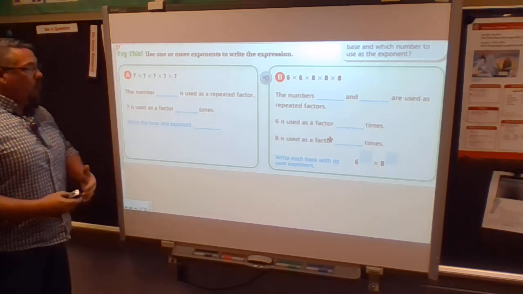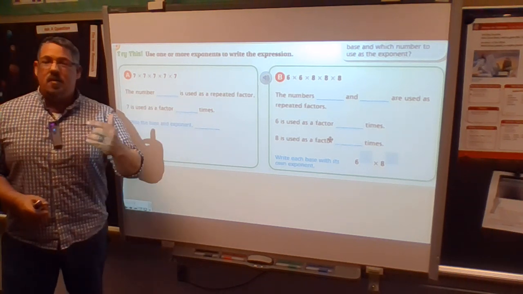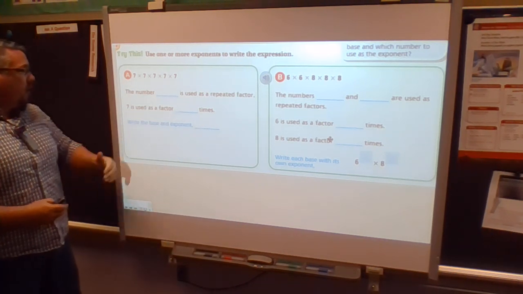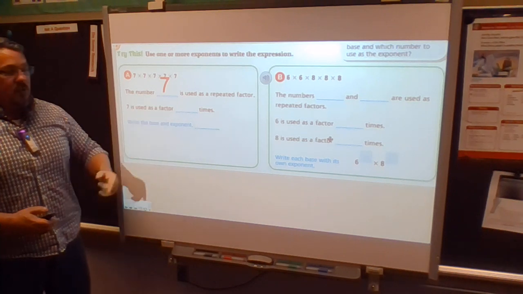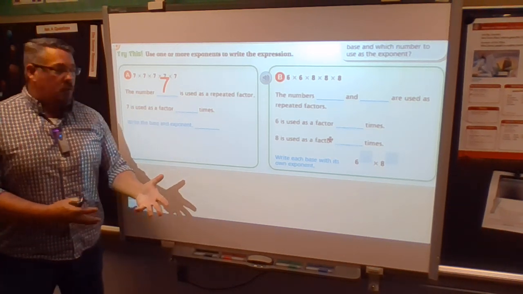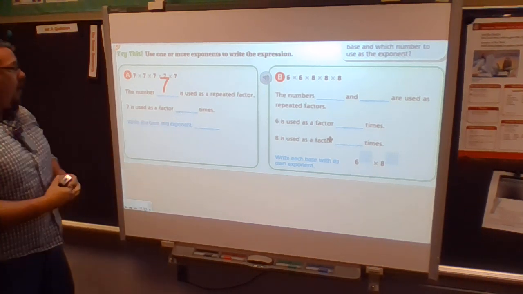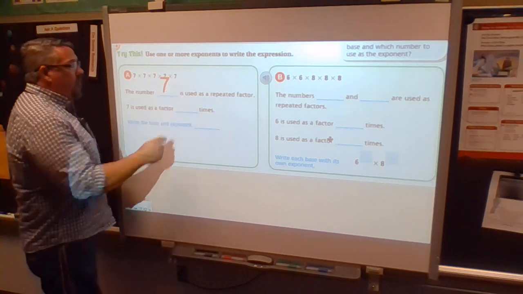When I look at it, I'm looking to see if I have the same base throughout. All of those are 7s, so I do have the same base throughout. The number 7 is used as a repeated factor. The repeated factor is just what that base is. How many times is it repeated? Then I count: 1, 2, 3, 4, 5 of them.